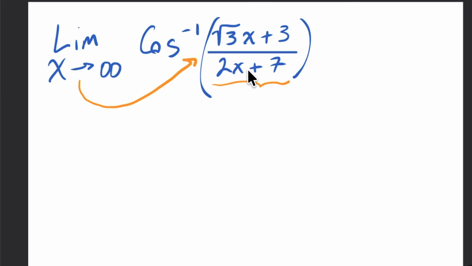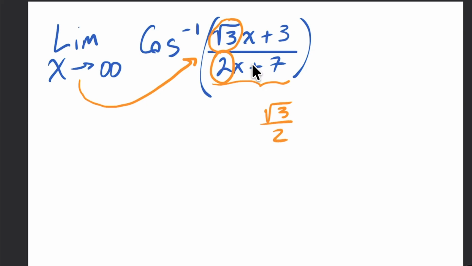When you have a rational function and you're talking about end behavior, you're talking about the horizontal asymptote. So here, because the degree on the numerator and denominator are the same, this limit as x approaches infinity is going to be the ratio of the coefficients, namely square root of 3 over 2.